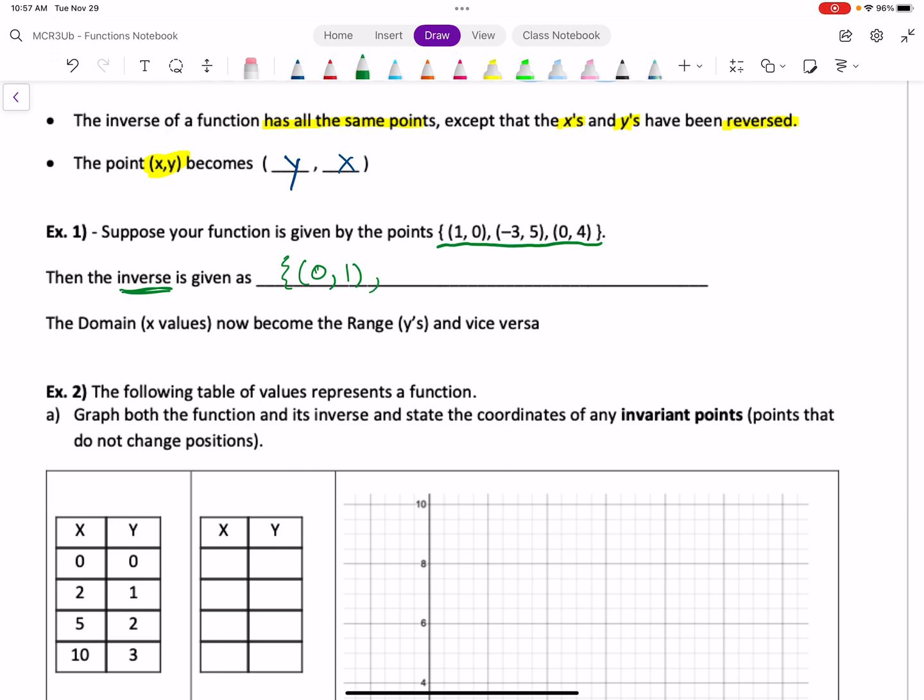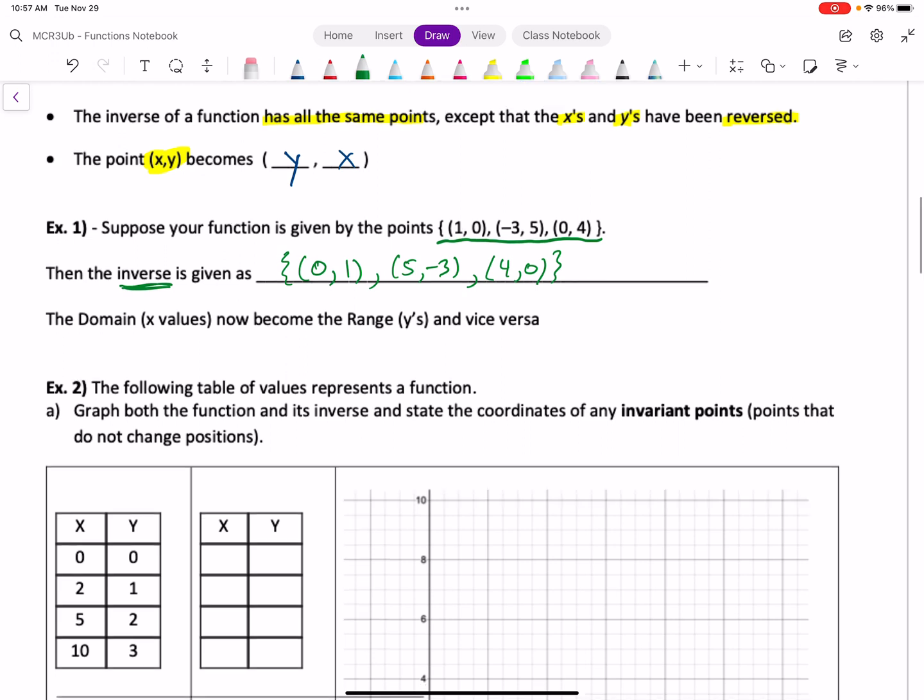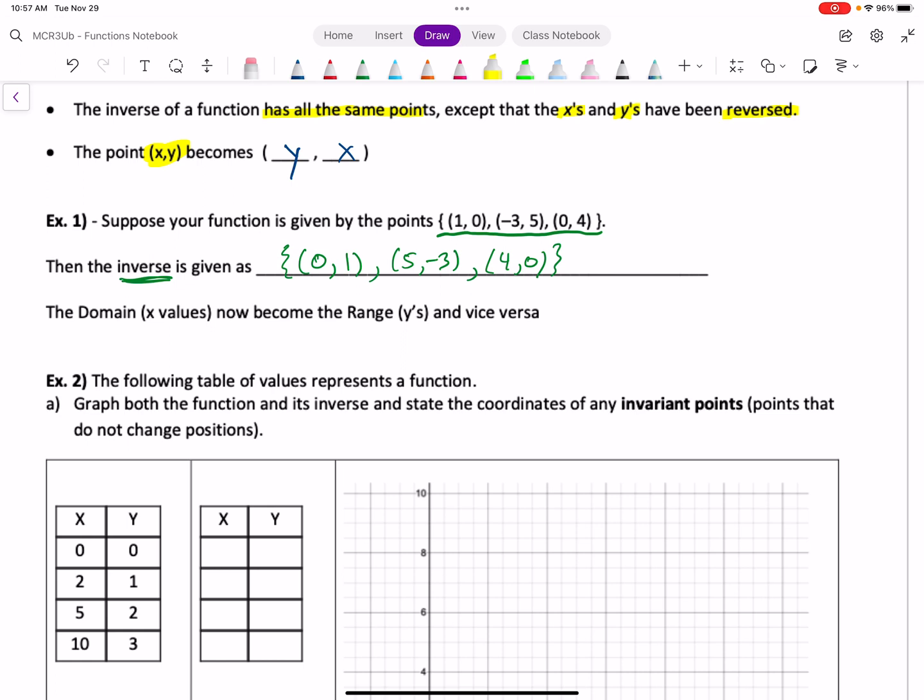The next one would become (5, -3), and you get the idea. That part is relatively straightforward. You're just switching which ones are x and y, and that would be the inverse. What's interesting is that the domain values of the original function now become the range, and vice versa. We'll look at that again later on.